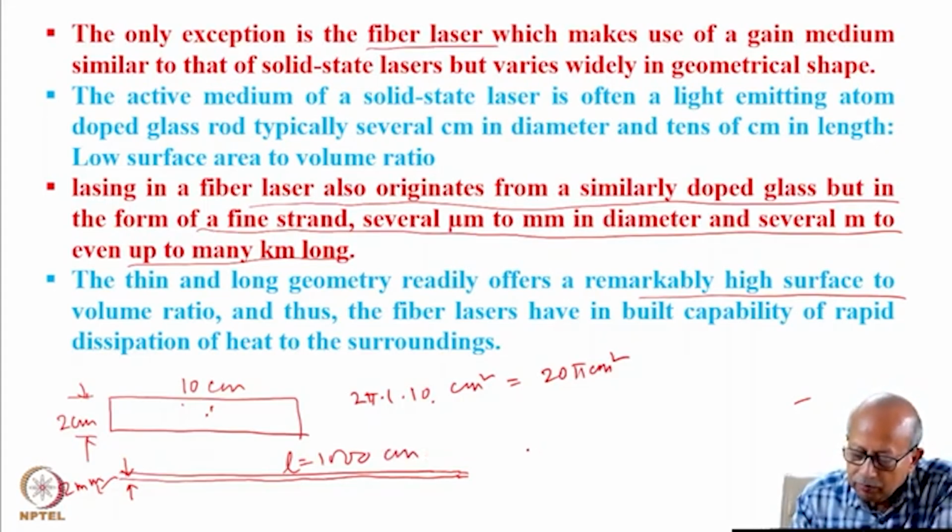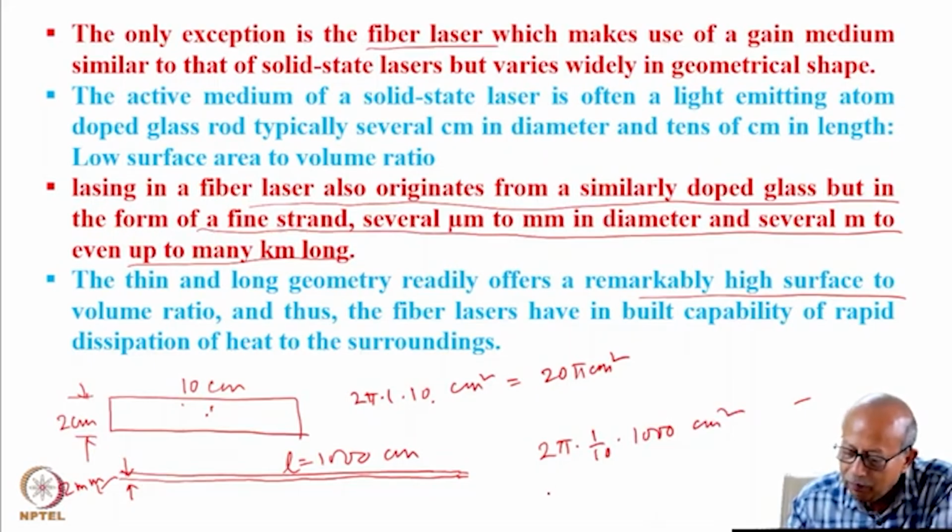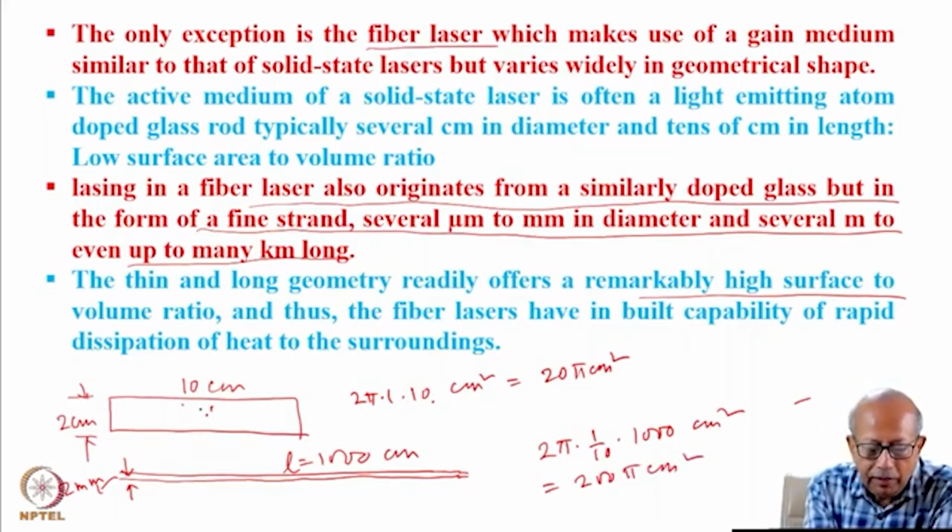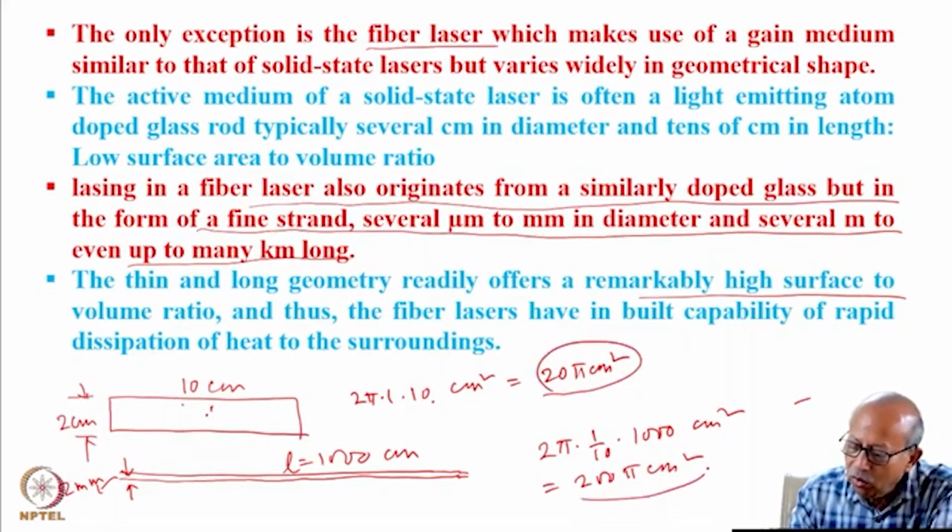This is 2 pi into r, r is 1 millimeter, that is 1 by 10 centimeter, into length is 1000 centimeters. So this is equal to 200 pi centimeters square.